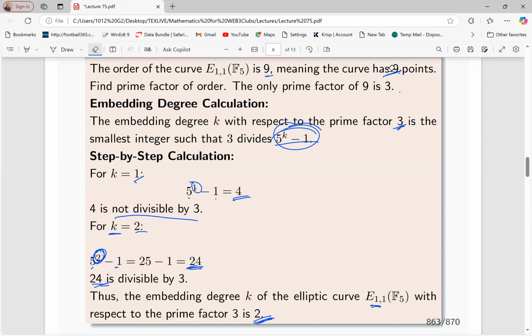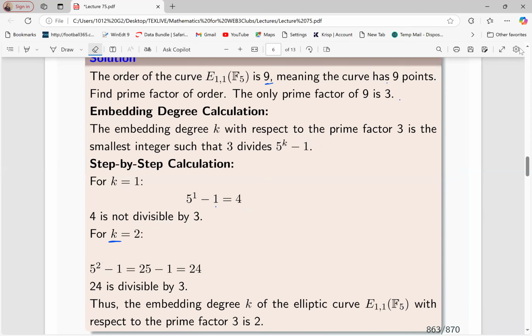Now, let's just repeat so that you know what we require for the code to give us the embedding degree.